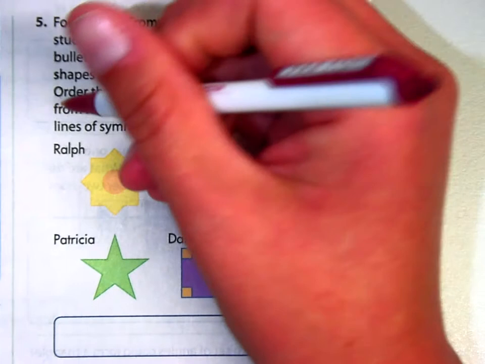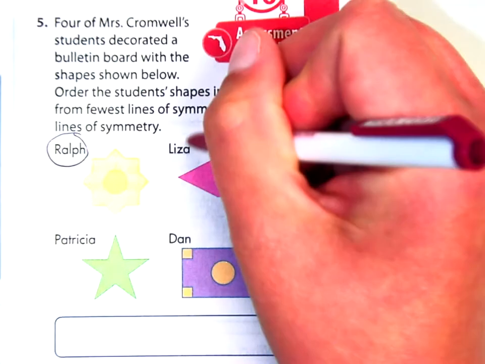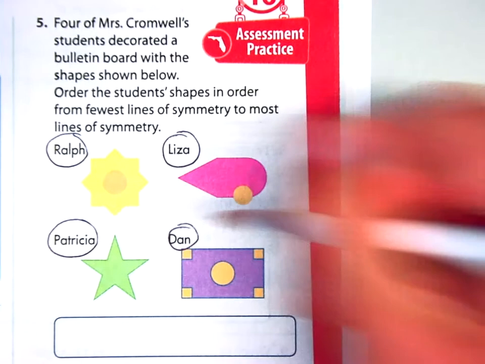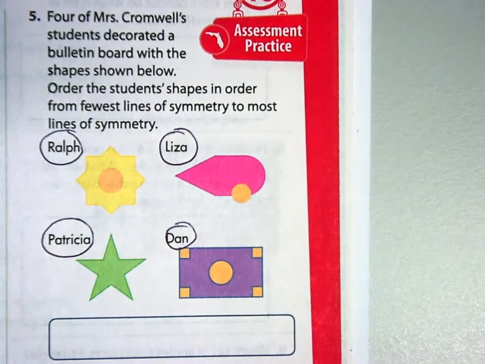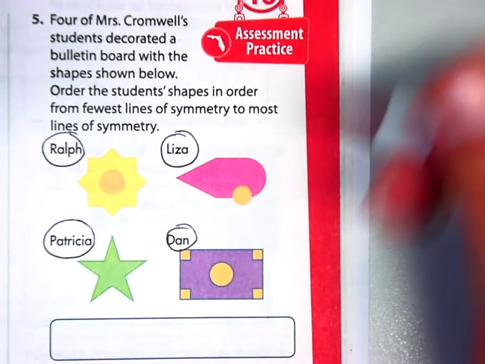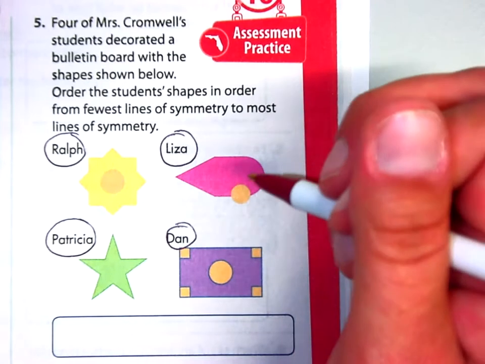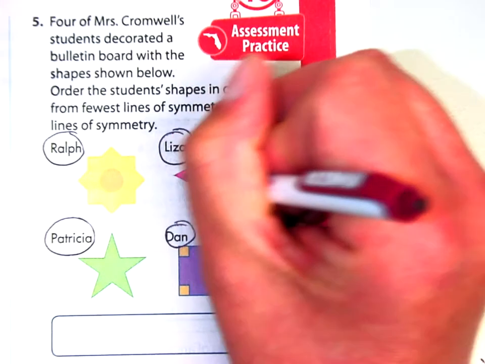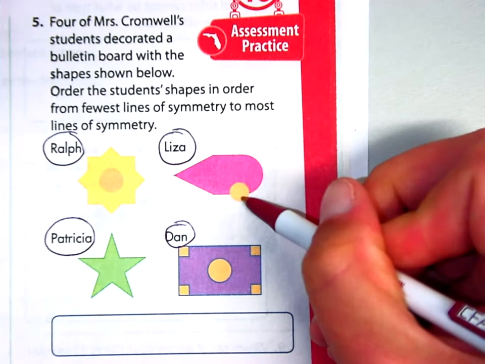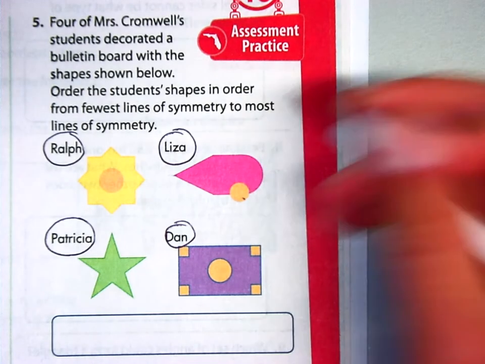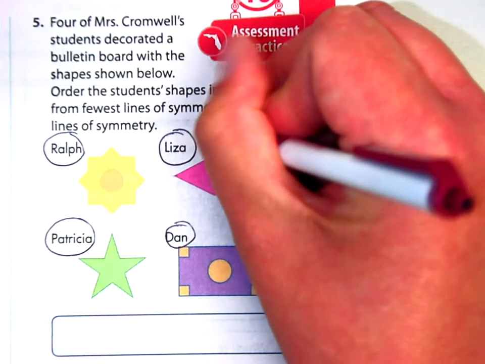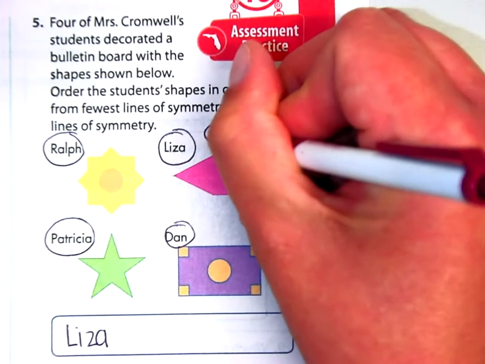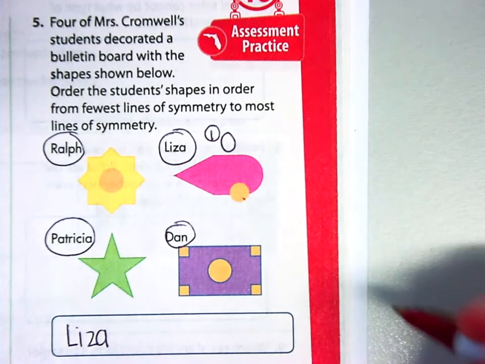So we have these names: Ralph, Liza, Patricia, and Dan. Well, I look at this right away and I can see that I don't think Liza really has any lines of symmetry. I was going to say right through the middle here, but this circle means that she has none. So Liza is going to be the fewest. So I'm going to put her name down first because she actually has 0 lines of symmetry.